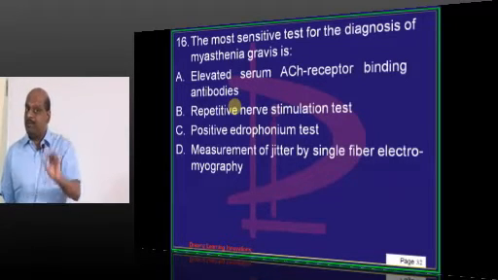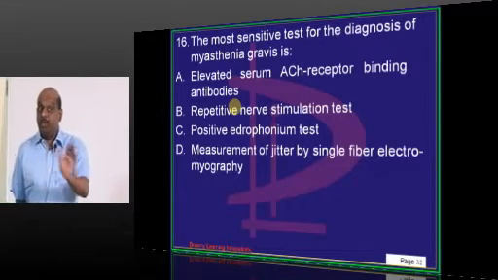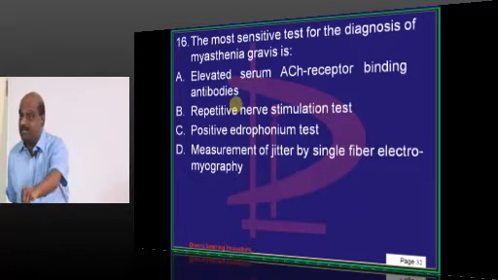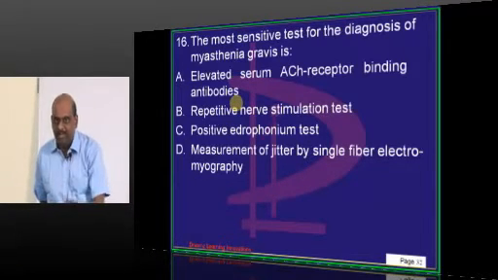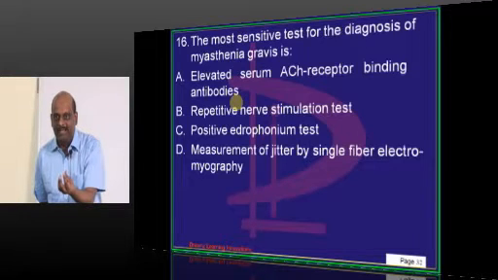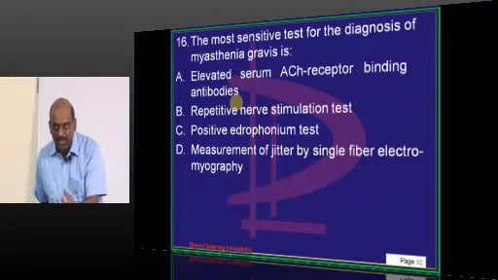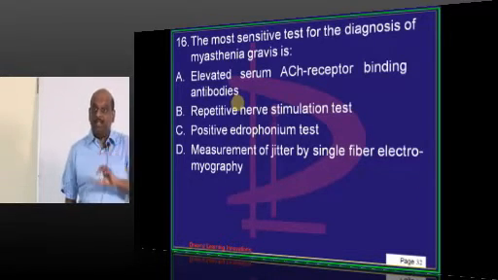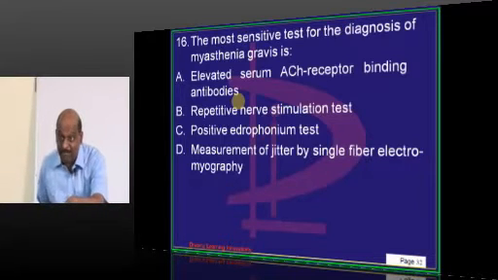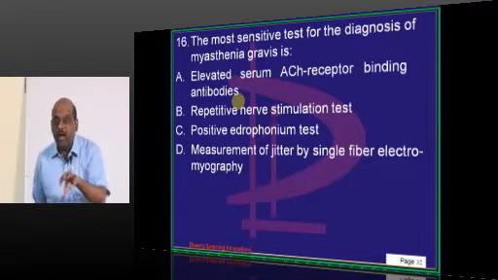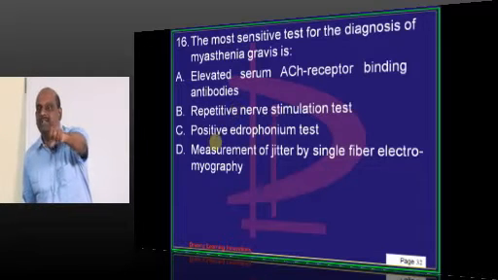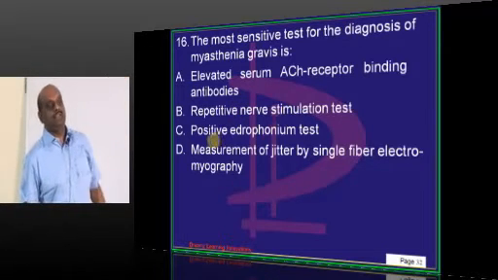What is the problem in myasthenia gravis? The postsynaptic receptors where acetylcholine goes and binds are autoimmunely destroyed. Very few receptors are there. If the receptors are few and you increase the acetylcholine levels, even those few receptors can be occupied by the increased neurotransmitter. If they are occupied, then the muscle contracts and neuromuscular function recovers.